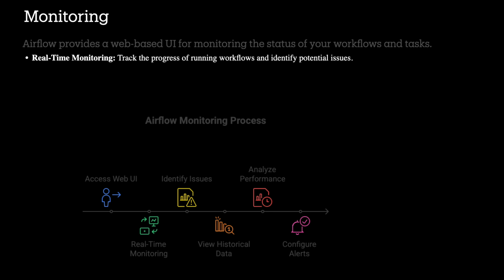First, you access the Apache web UI and then identify the issues, analyze the performance as part of real-time monitoring. You can also view the history of the execution workflow, and then you can configure alerts whenever there is a failure. That is about monitoring.